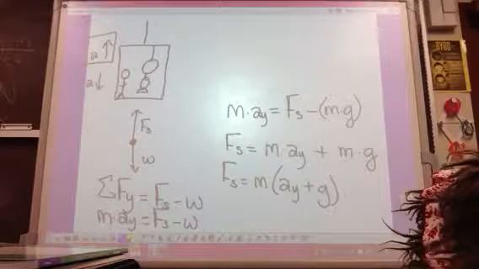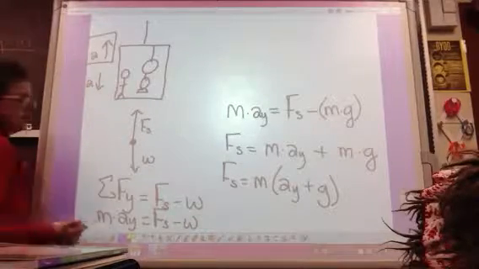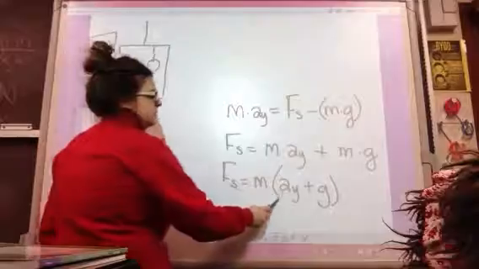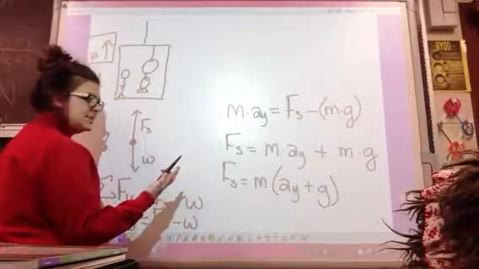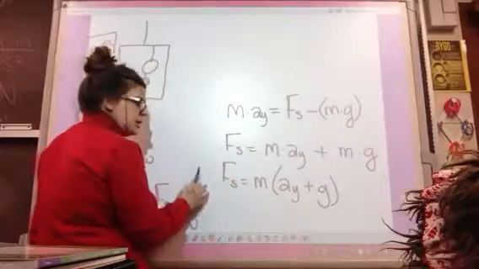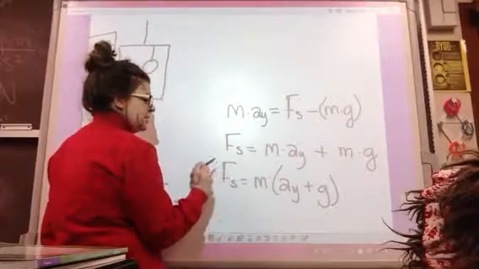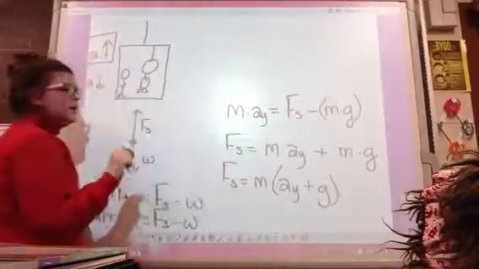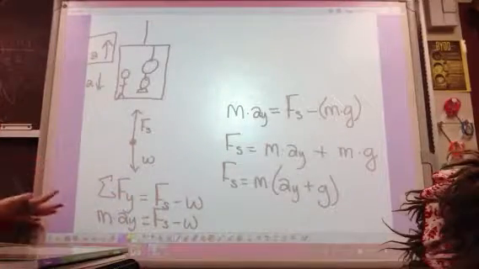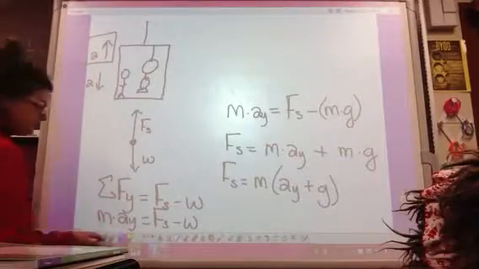So let's plug in some numbers so that we can actually see that when acceleration is directed in a positive direction, the force would be bigger than the weight of the fish, and if the acceleration were in a downward direction, if it were a negative value, it would be less than.